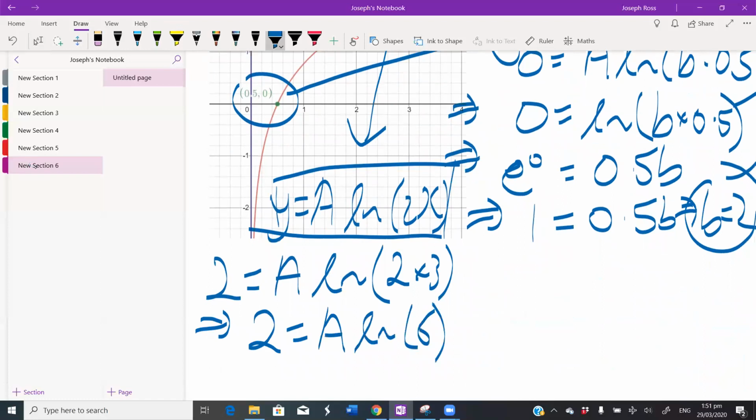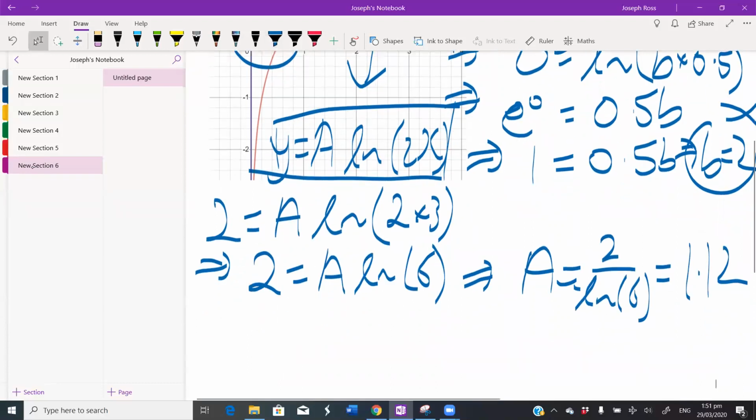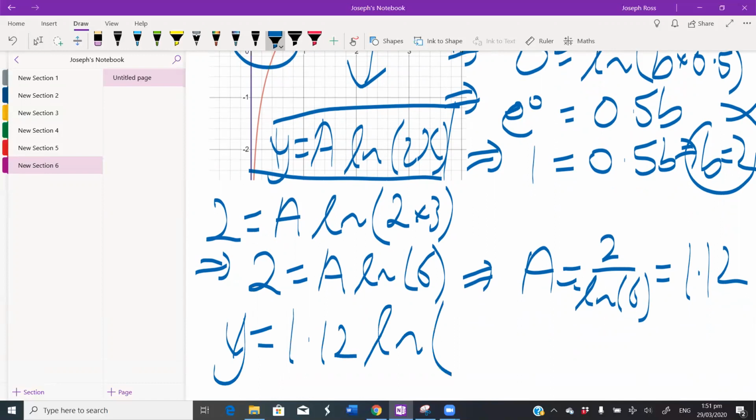Whatever ln 6 is, it's just a number, so we can divide both sides by ln 6. Therefore a is going to be 2 divided by ln of 6, which is 1.12, and therefore your equation is going to be y equals 1.12 ln of 2x.